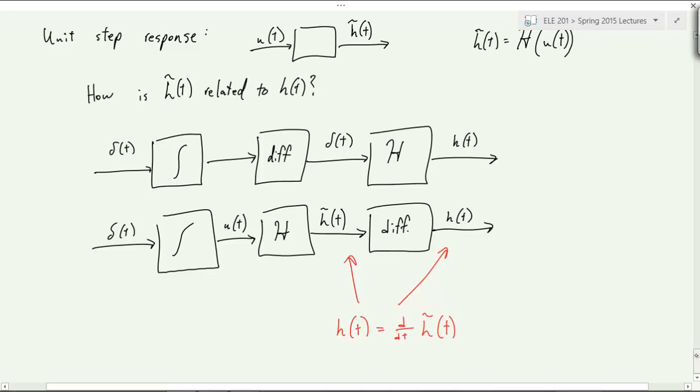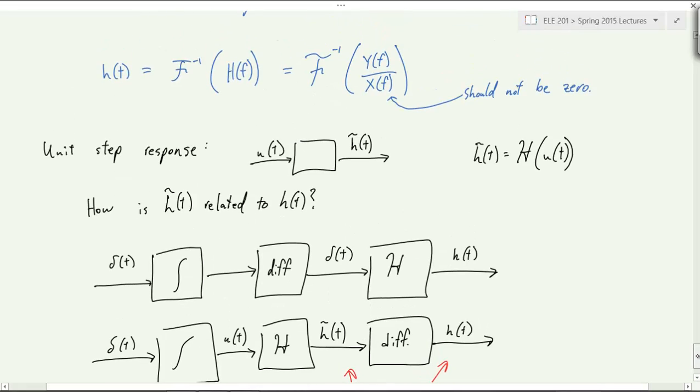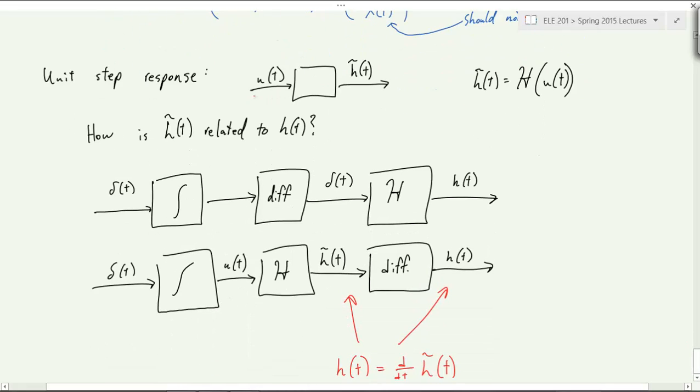So the step response is actually a very practical way to measure a system. Put u of t in. That's easy to construct in reality, like for a circuit. Turn on the voltage, see what comes out, take a derivative. That's your impulse response.